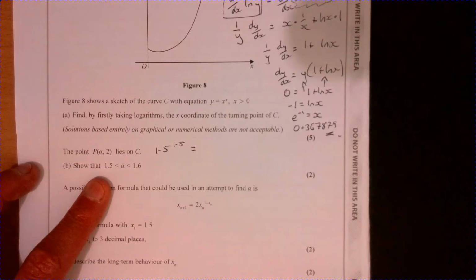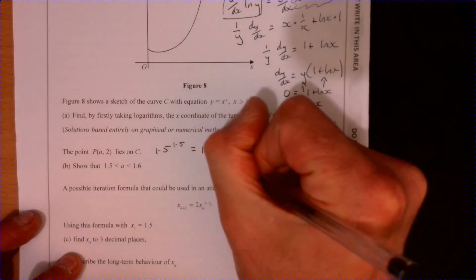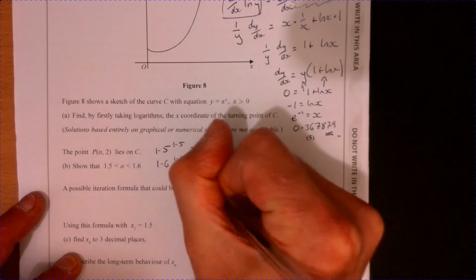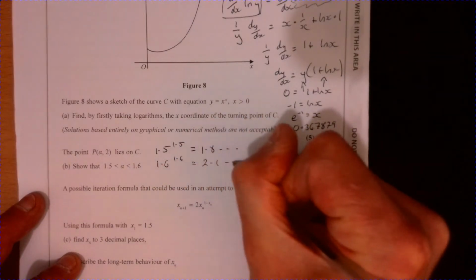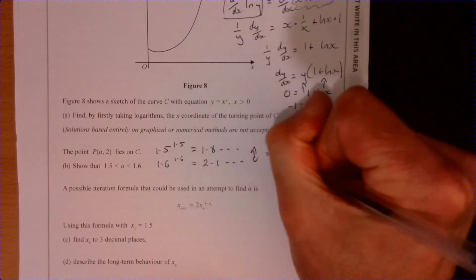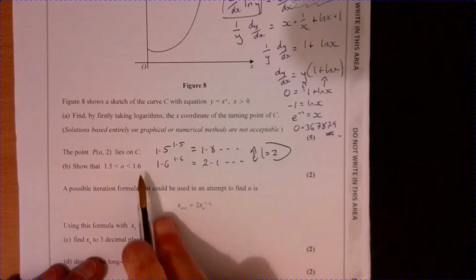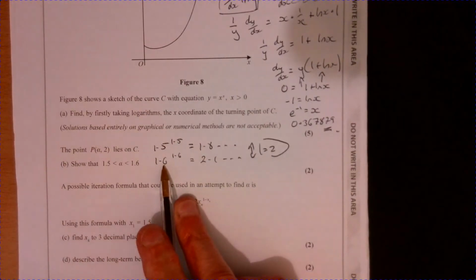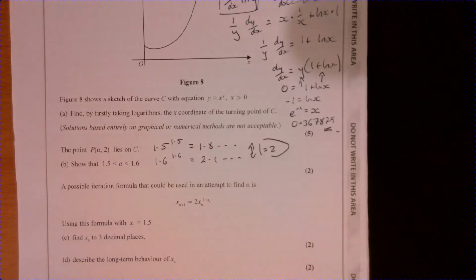That gives 1.8 something. Then do the same for 1.6, and that turns out to be 2.1 something. So 2 is in between those two. It looks like it's going to be slightly closer to 1.6 than 1.5.